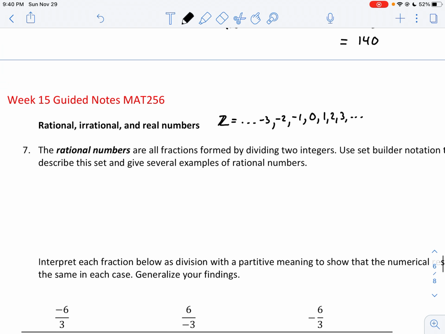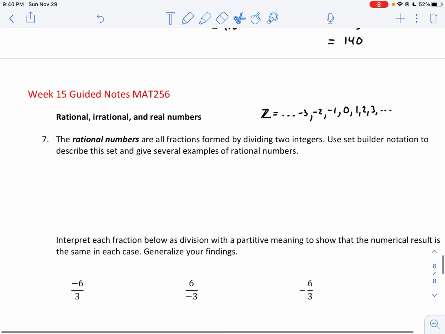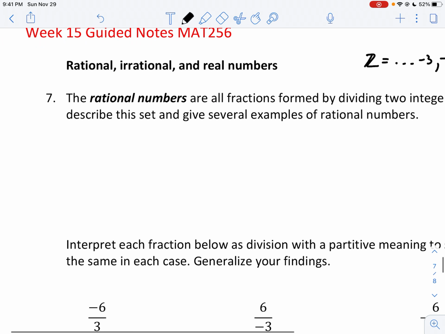If you recall, the set of integers was the bold Z. If you look back in our notes from earlier, the integers is the bold Z, which stands for all the whole numbers and their negatives. The rational numbers are fractions formed by dividing two integers. Use set builder notation to describe the set and then give several examples.